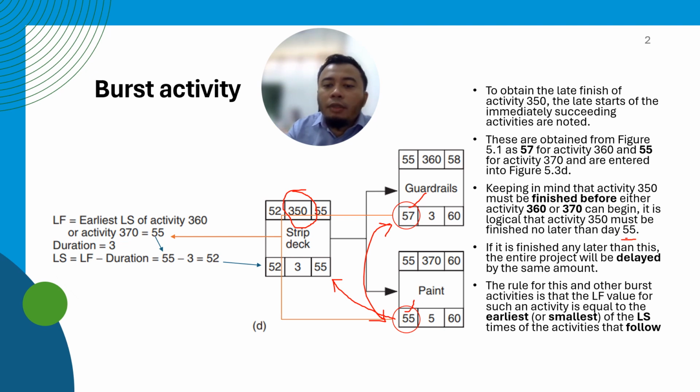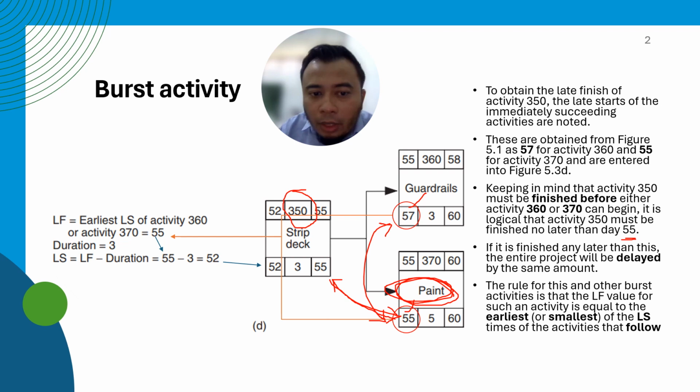So we set it at day 55. So your strip deck needs to finish by day 55, so that it won't exceed the latest start date for painting works, because this is the earliest activity that needs to be started if we compare between these two burst activities. If it is finished any later than this, the entire project will be delayed.